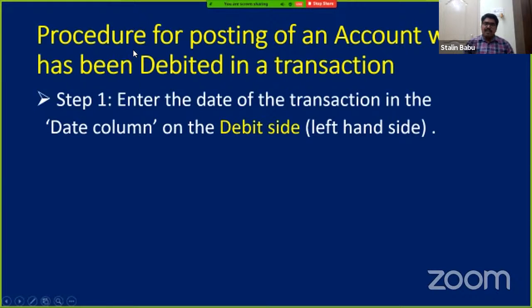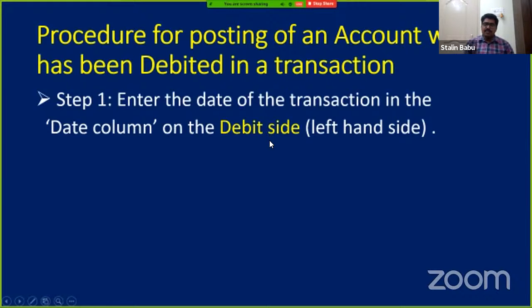We are talking about the account which has been debited in a journal entry. If it is debited in a journal entry, we have to post on the debit side. We have 4 columns on the debit side. The first one is the date column, where we enter the transaction date.